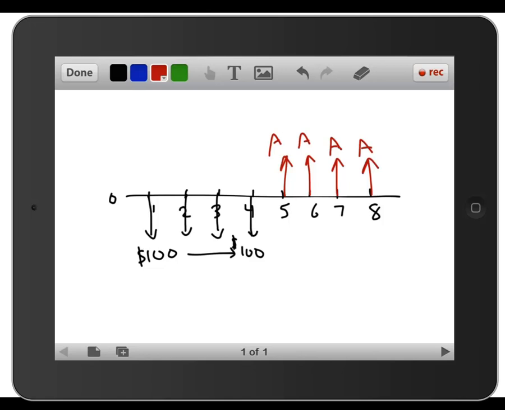I need to find that amount considering that we have a 10% interest rate over these years. So i is equal to 10%.